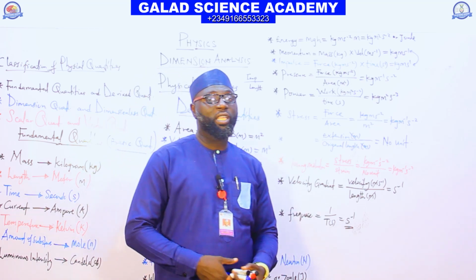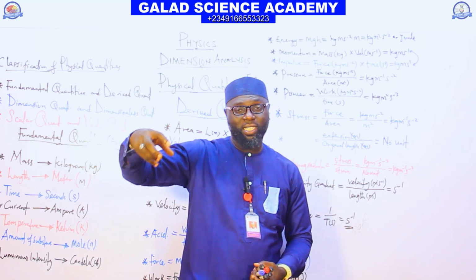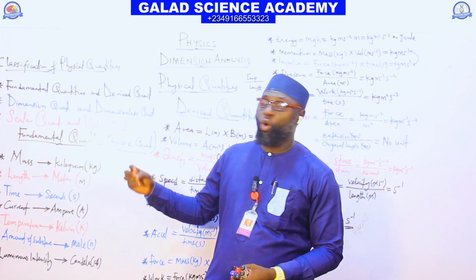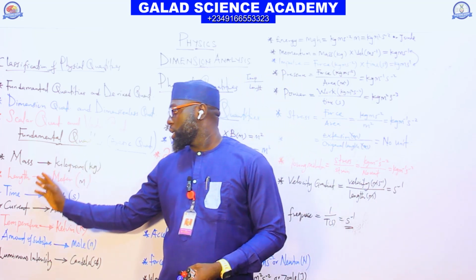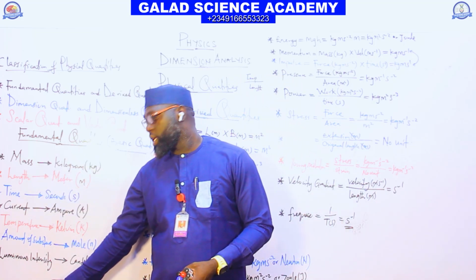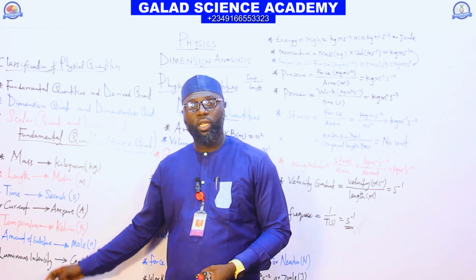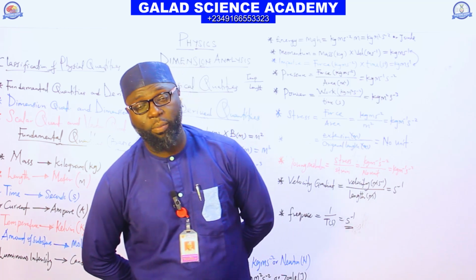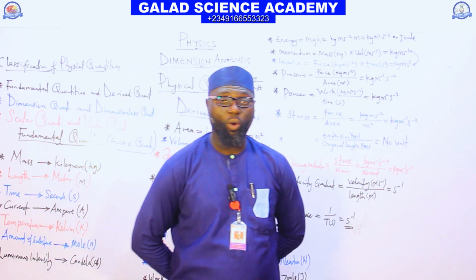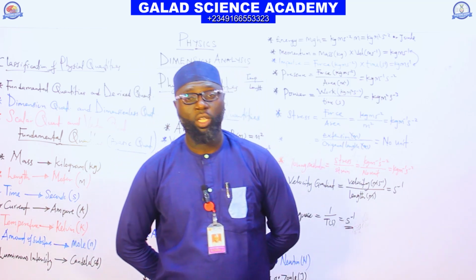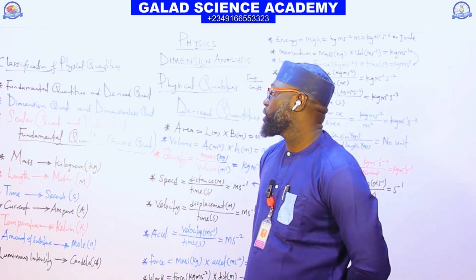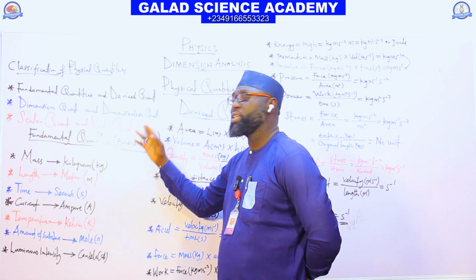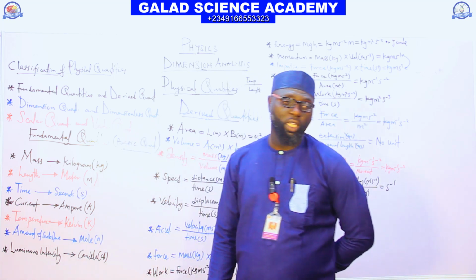So derived quantities are quantities that are derived from the combination of two or more fundamental quantities by multiplication or division. So the next thing we need to treat now is dimension quantity and dimensionless quantity.